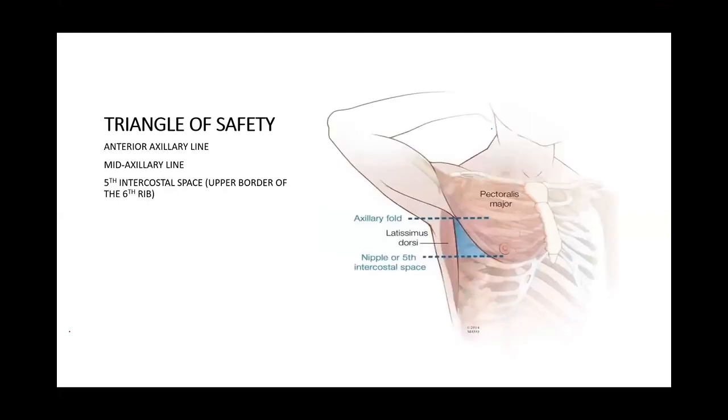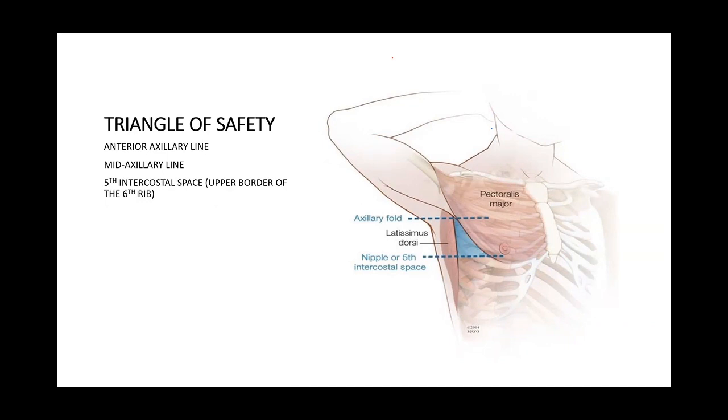Now, the triangle of safety is a triangle in the lateral part of the chest. The apex being the tip of the axilla. For an abducted arm, the anterior border of that triangle is the anterior axillary line, which is the lateral margin of the pectoralis major muscle.